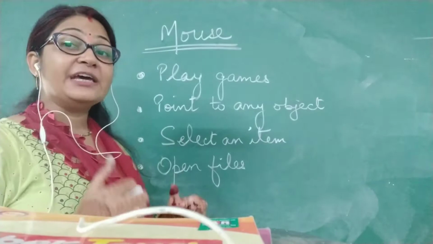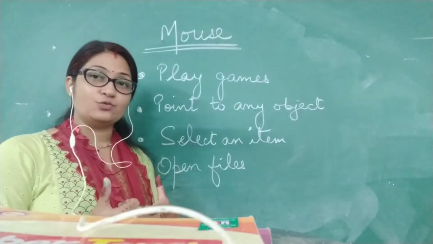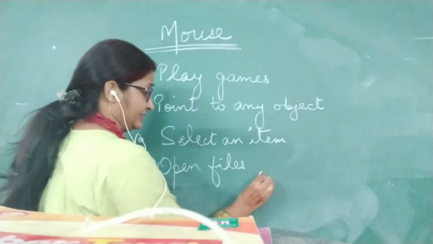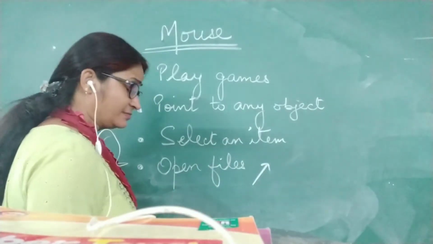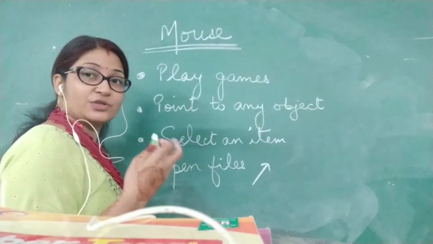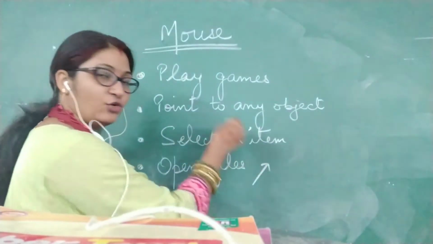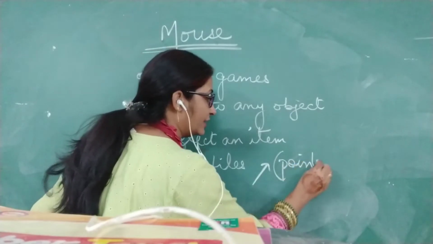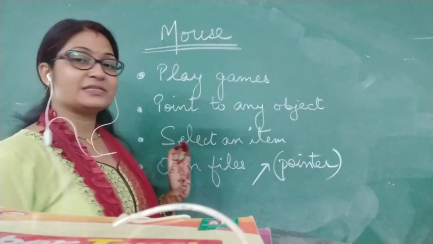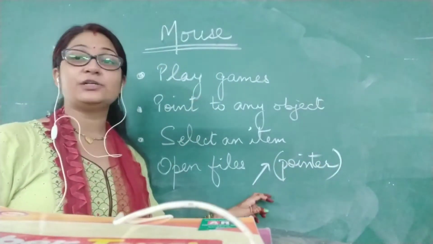Now, whenever you are working with a mouse, you might have seen that such kind of arrow is there. When you move your mouse on the computer screen, such an arrow moves. This is called a pointer. This is known as the pointer of the mouse.